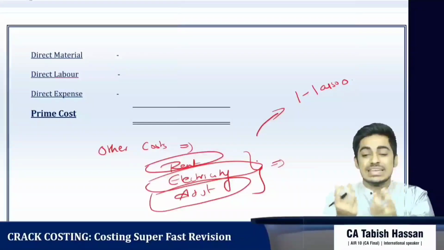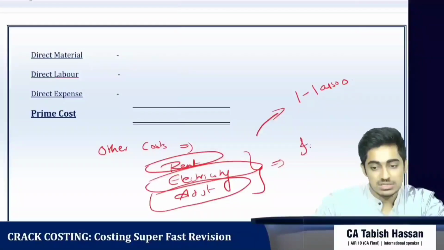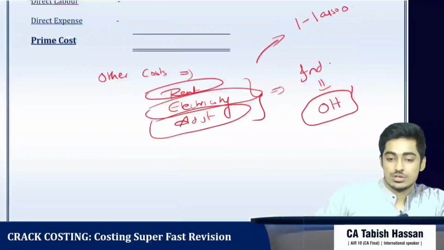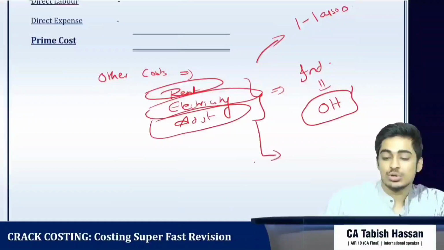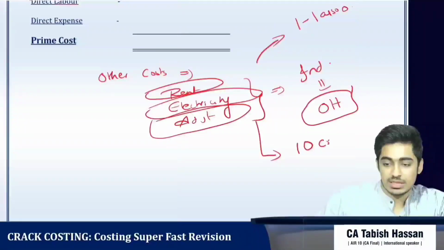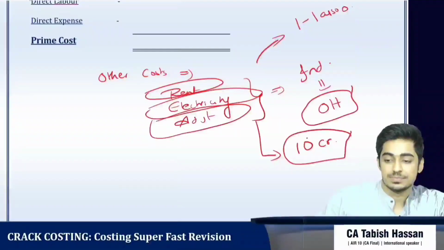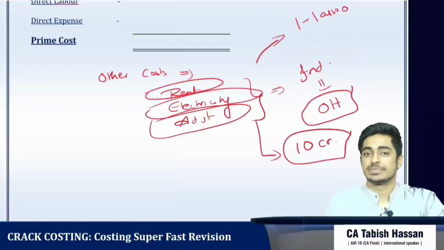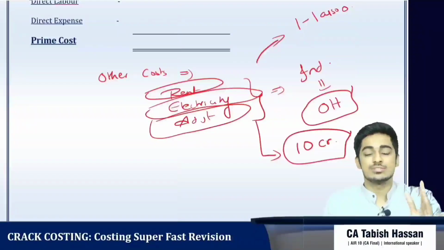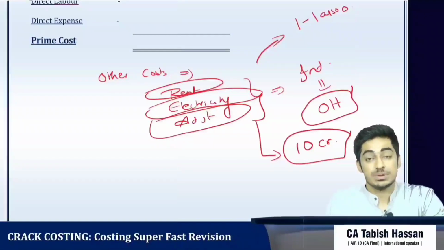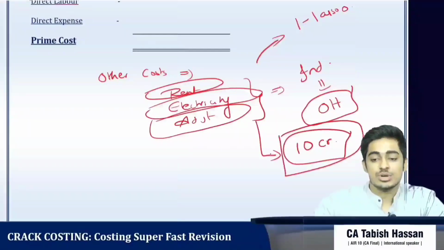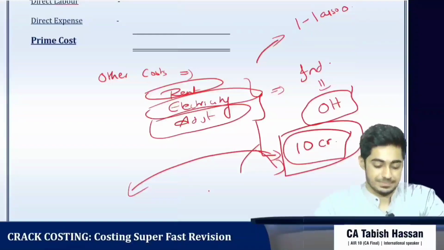So all these indirect costs are called by the name overheads. So say for example, the total overheads comes to 10 crore rupees. So if Xiaomi doesn't want to earn any profit, still it cannot sell its goods at 5,000 rupees prime cost, because it has to give a share of this common cost to every product it is manufacturing.